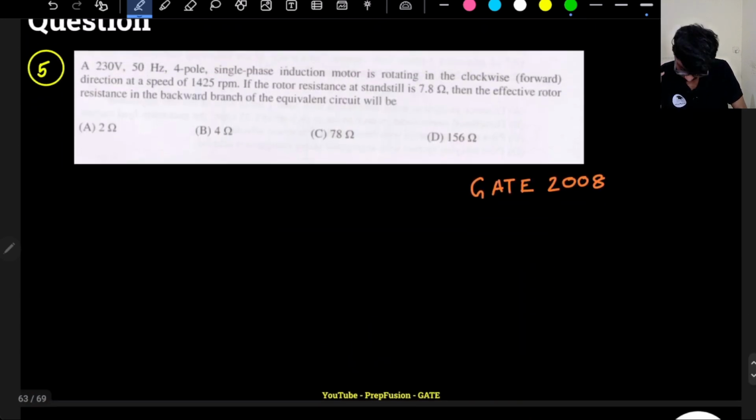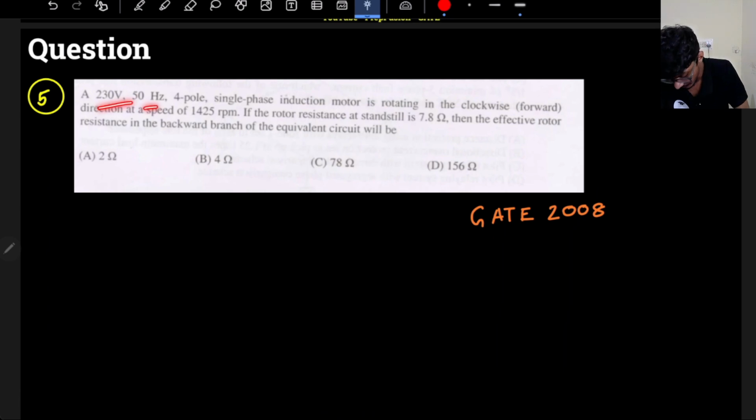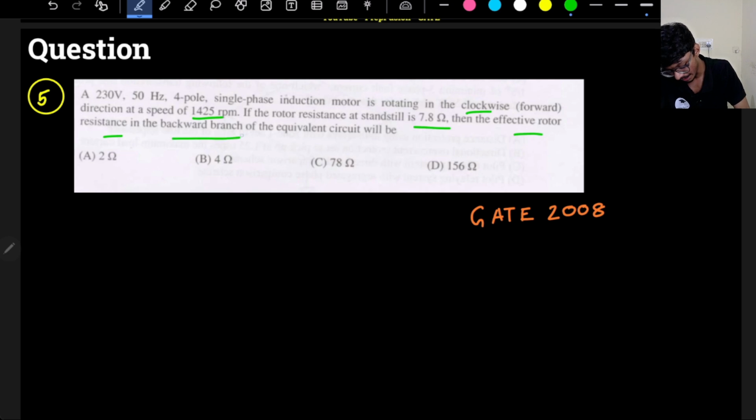Now, a 230 volt, 50 hertz, 4 pole single phase induction motor is rotating in the clockwise direction with this speed. If the rotor resistance at standstill is this much, then what will be the effective rotor resistance in the backward branch of the equivalent circuit? At standstill, they are telling me the rotor resistance is 7.8.